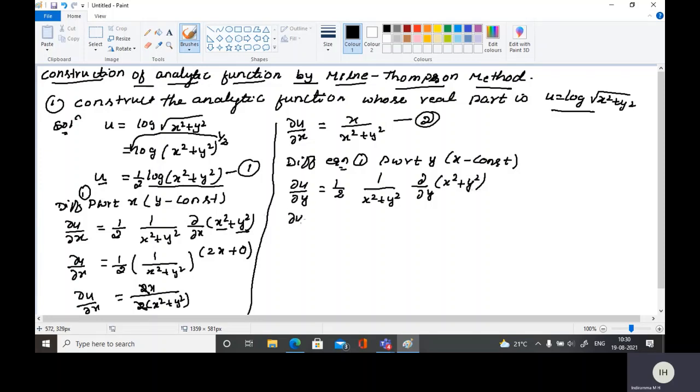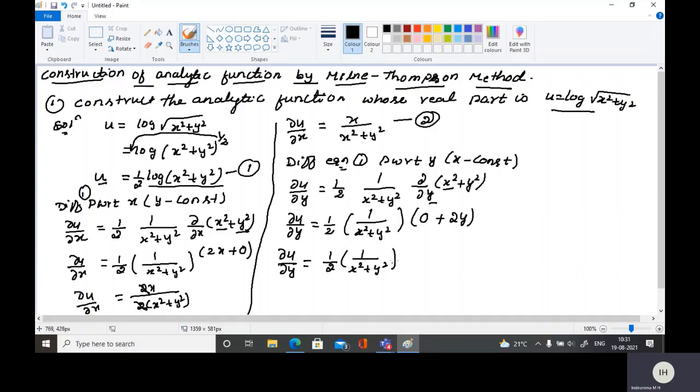So next, dou u by dou y is equal to 1 by 2 into 1 by x square plus y square into differentiation of x square with respect to y is 0 because x is constant, plus differentiation of y square with respect to y is 2y. Therefore, dou u by dou y is equal to 1 by 2 into 1 by x square plus y square into 2y. Here 2 and 2 cancel. Therefore, dou u by dou y is equal to y divided by x square plus y square.